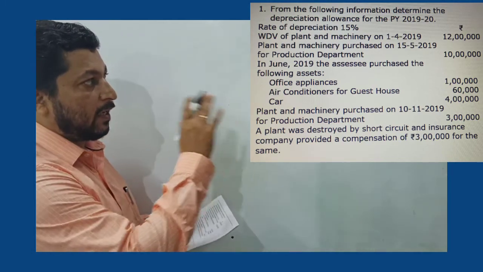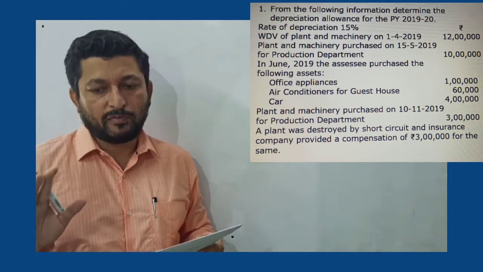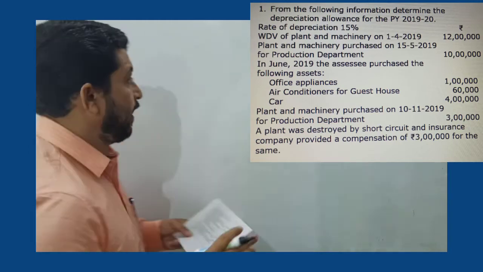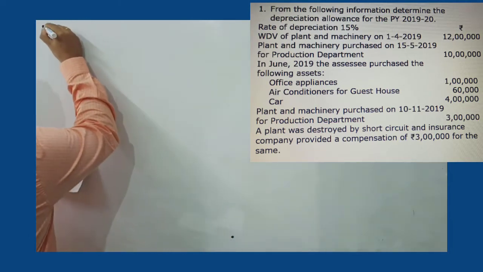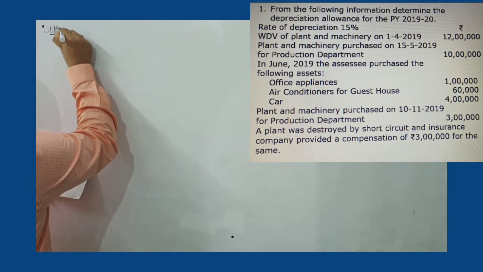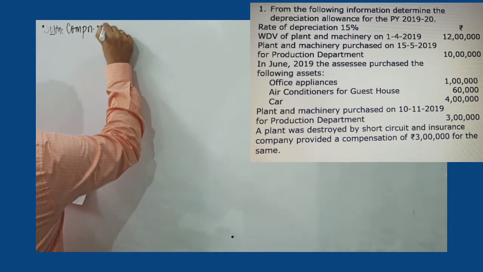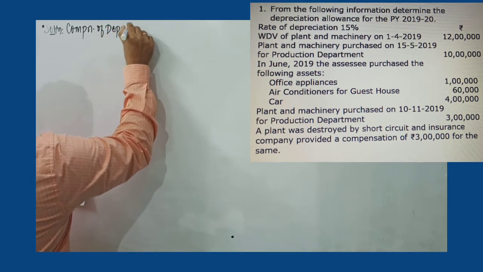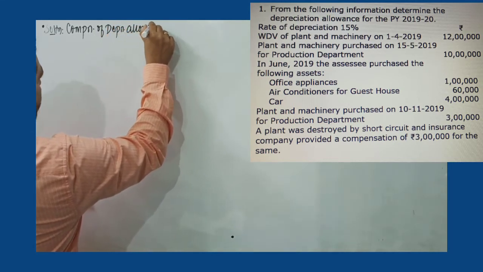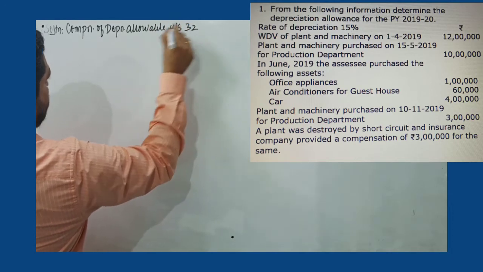So if we look at this particular problem, we find that there is only one block of asset, and that is plant and machinery. So what we will do is, I will record the solution and write the computation of depreciation allowable under section 32.